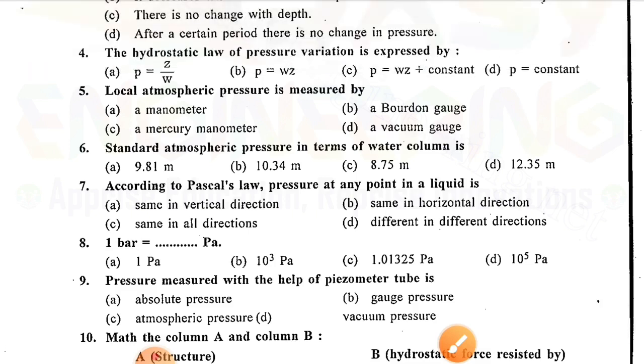Question number 6, standard atmospheric pressure in terms of water column is, option B is correct, 10.34 meter.